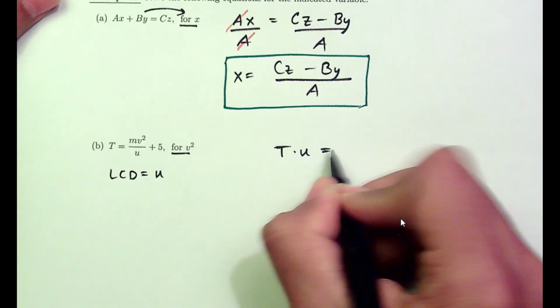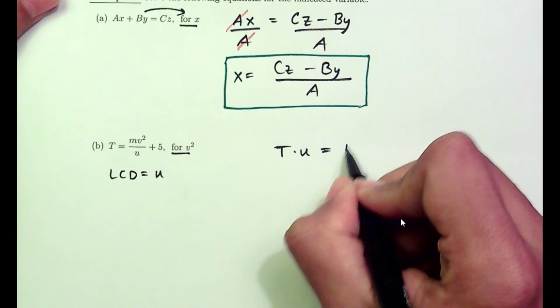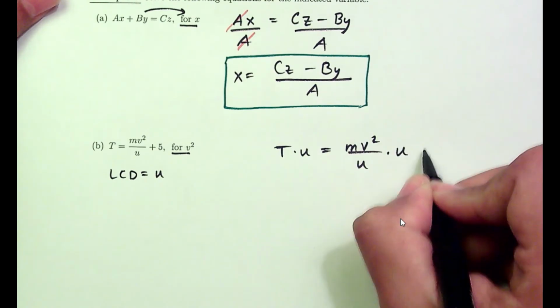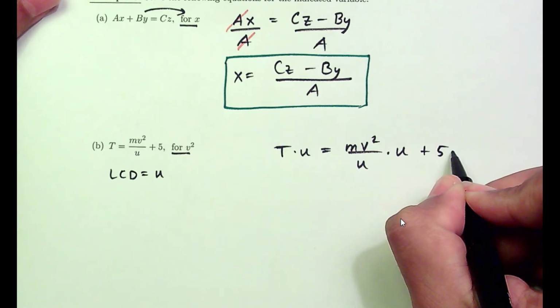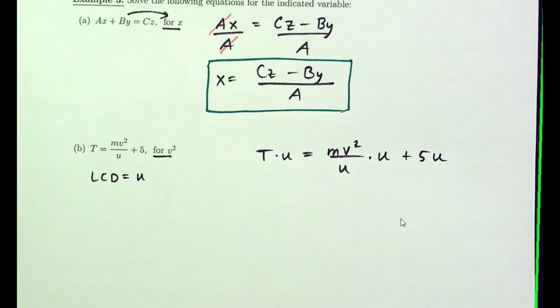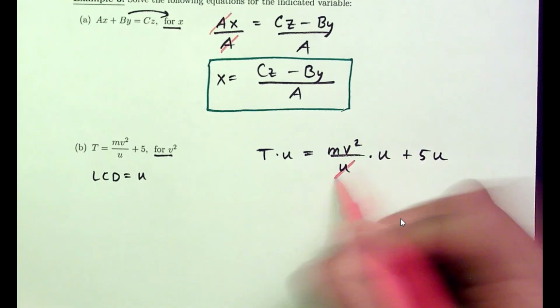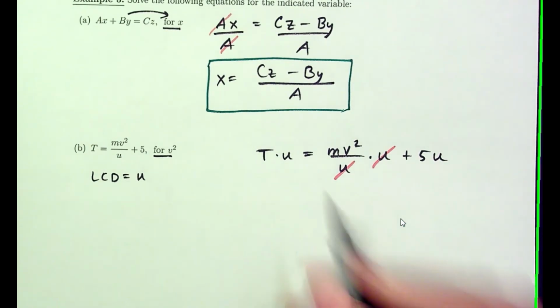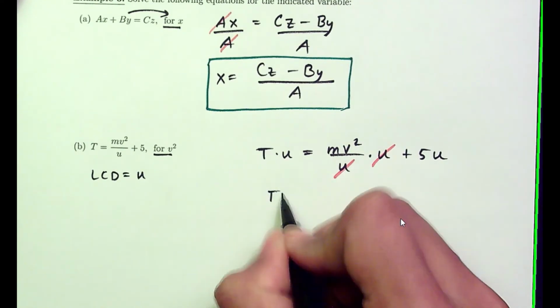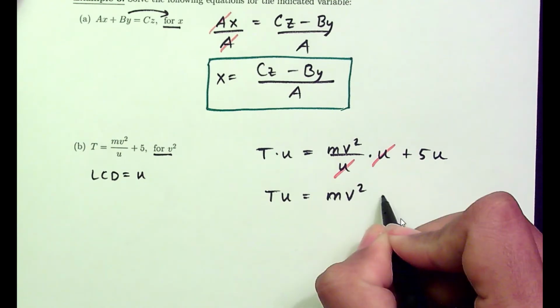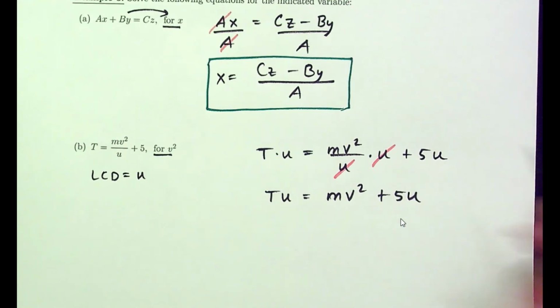And then the right as well: mv squared over u gets multiplied by u, and the 5 gets multiplied by u. Every term gets multiplied by u. After you cancel, you shouldn't have any denominators left. And indeed, those go away, so what you end up with is tu equals mv squared plus 5u.